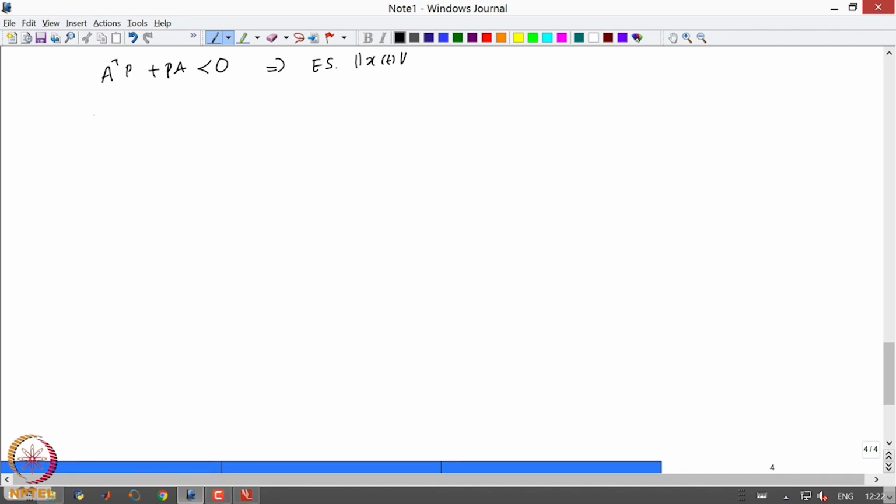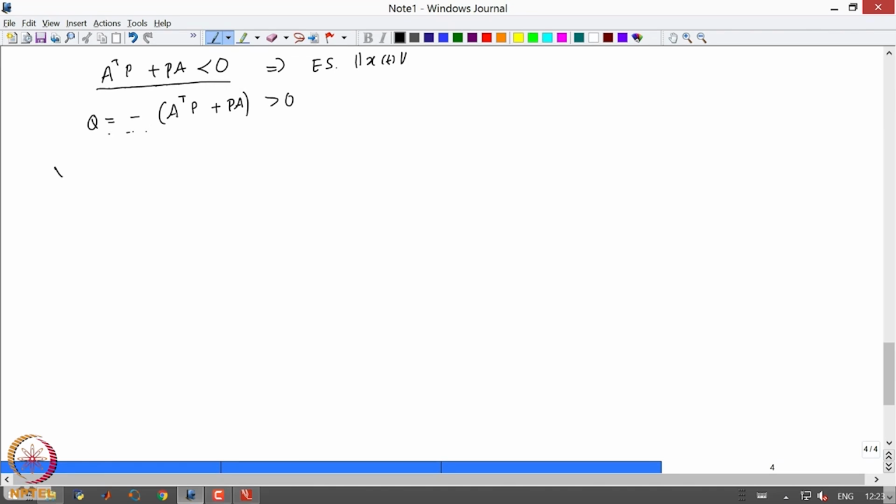So, let us assume that Q is such that A transpose P plus P A is less than 0. If a condition like this holds, then this will be obvious.